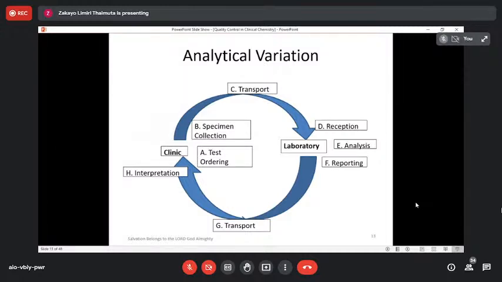So what variations do you get here? You get variations related to insufficient quantity. You get contamination during collection. The specimen may also change quality because it can be hemolyzed. You can also collect the specimen with other interfering factors: it can be icteric, it can be lipemic.